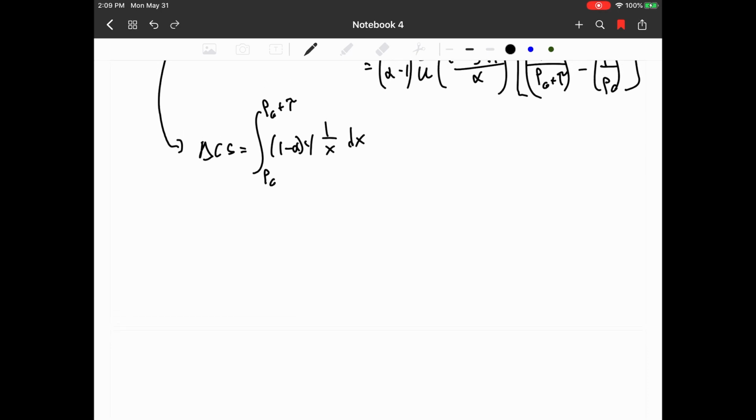And long story short, this just comes out to be 1 minus alpha times y times ln of PG plus tau minus ln PG. So this is maybe a little cleaner, but it's still not so fun.